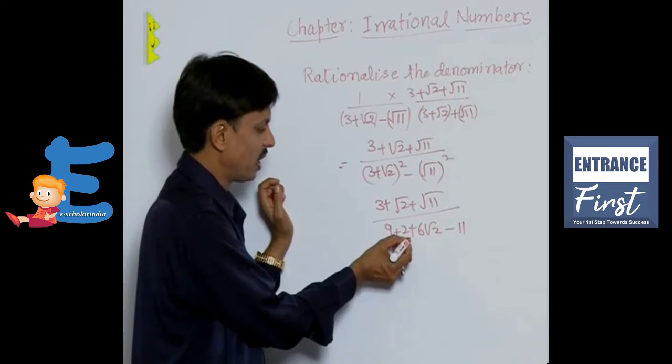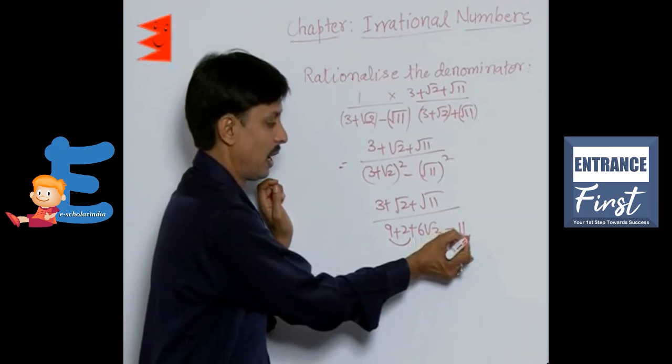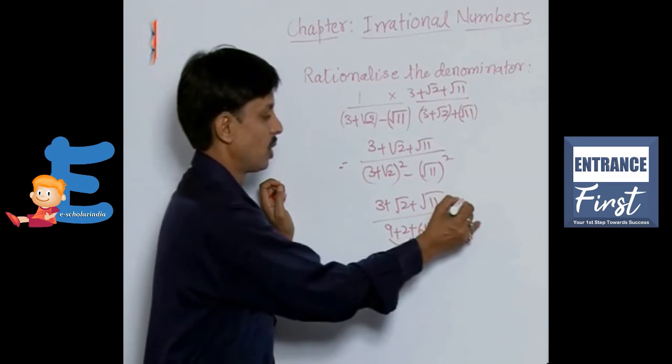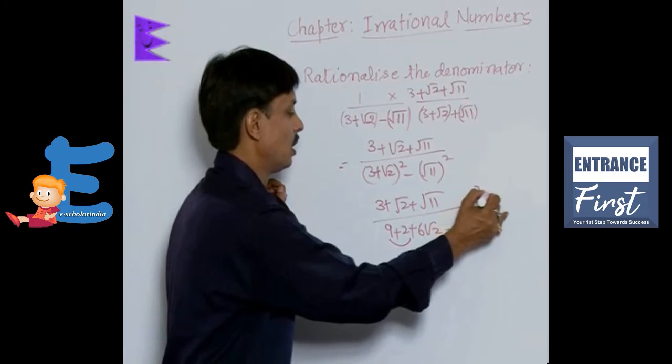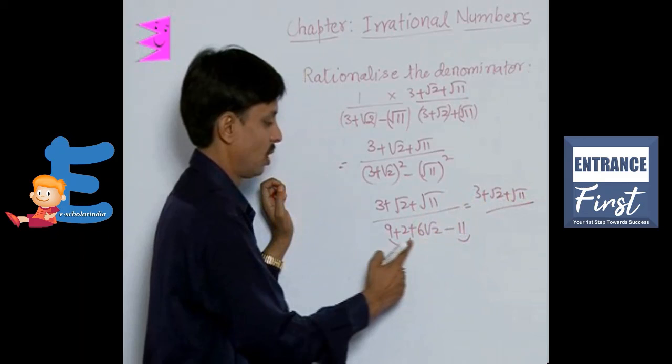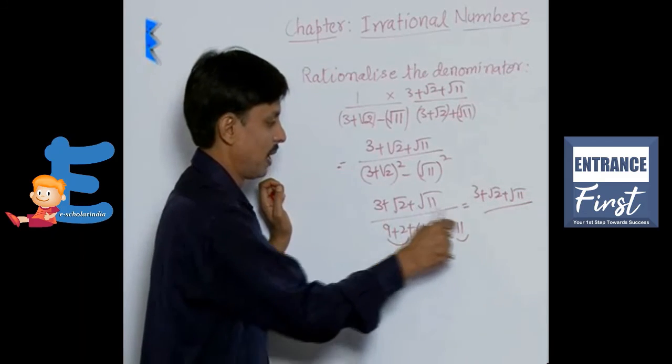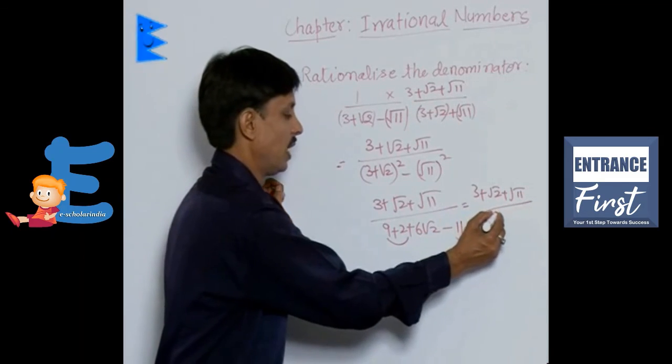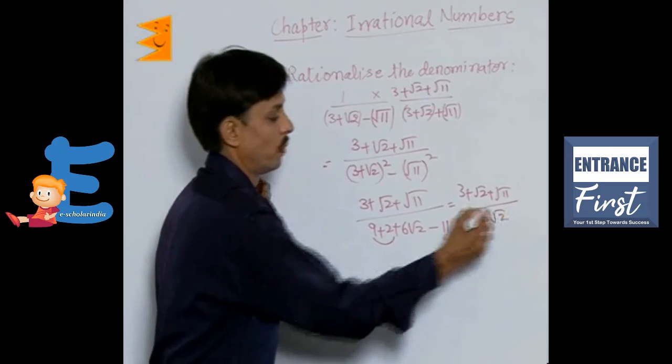I can tell you here 9 plus 2 is 11 positive and this is negative. So the answer of this part will be 3 plus root 2 plus root 11 upon, this 11 positive and negative will cancel, so there will be 6 root 2.